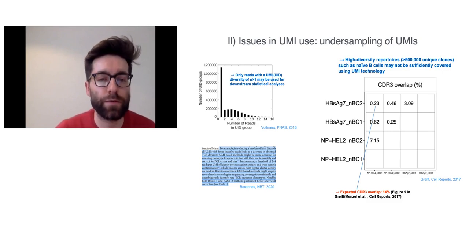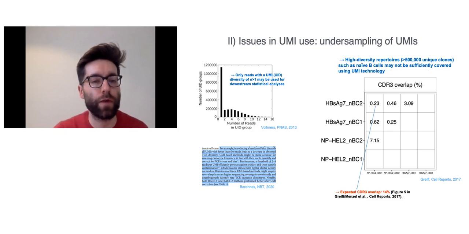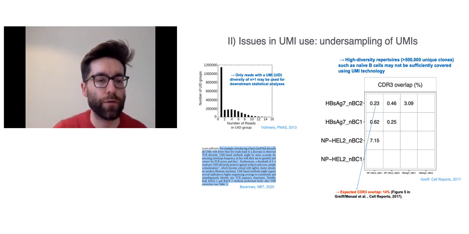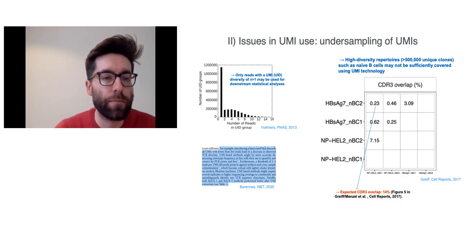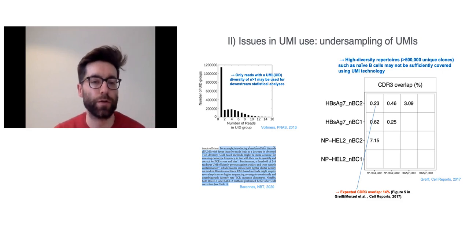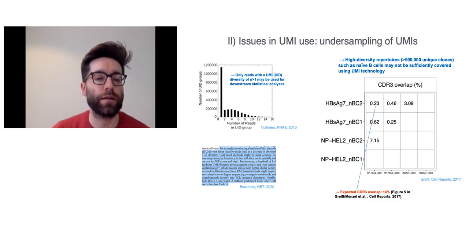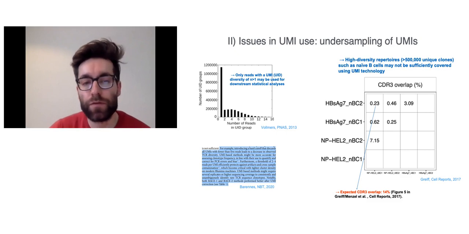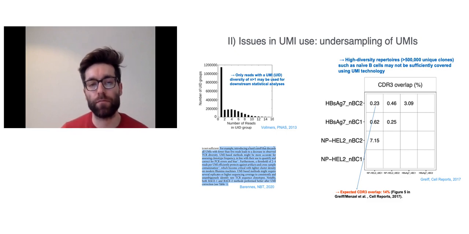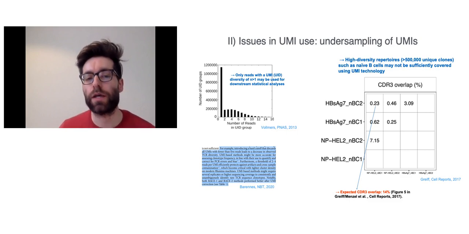You see this, for example, in this 2013 paper, where most of the reads had only 1 UMI. So I'm talking about the upper left plot now. And maybe 20% of the reads were in groups that had 3 or more UMIs, which means that most of the data here could not be used for UMI correction.